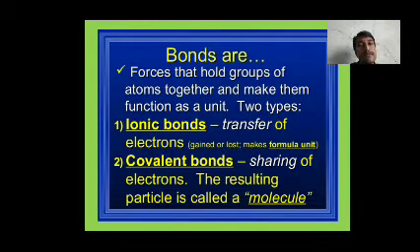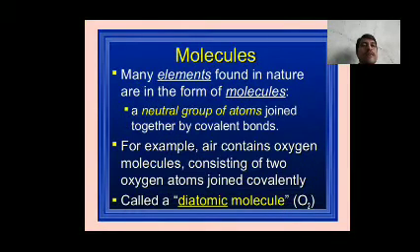Ionic bond: transfer of electrons, gain or loss, makes a formula unit. Covalent bond: sharing of electrons, the resulting particle is called a molecule.